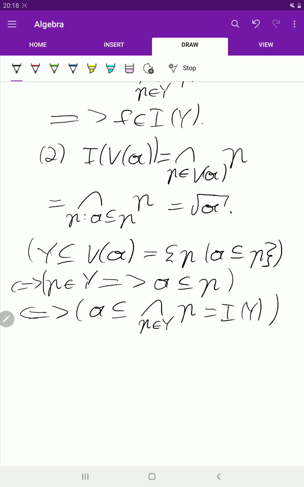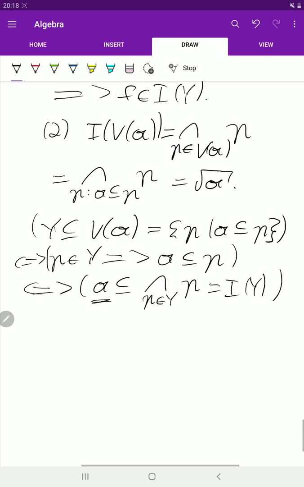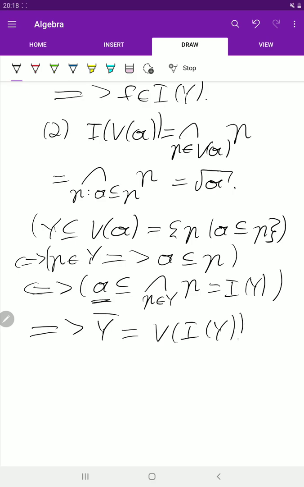So if we want to get the minimal V of A such that Y is a subset of V of A, we have to take the maximal A here, and the maximal A is I of Y. So we get that Y bar is just V of I of Y. Okay, that's that.